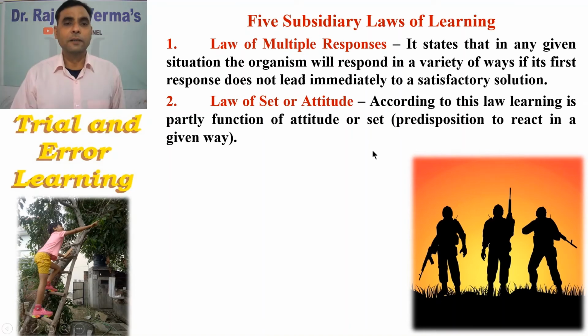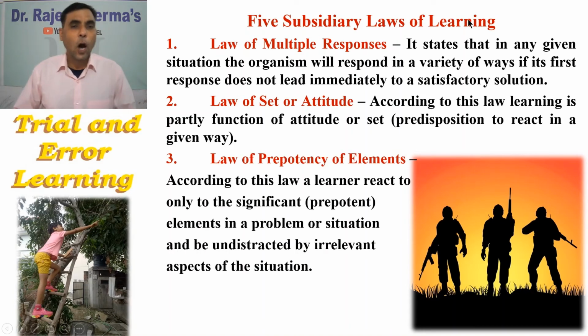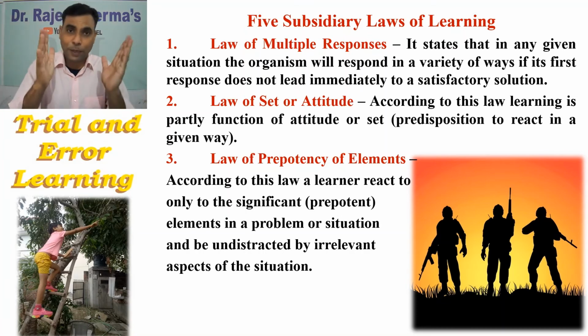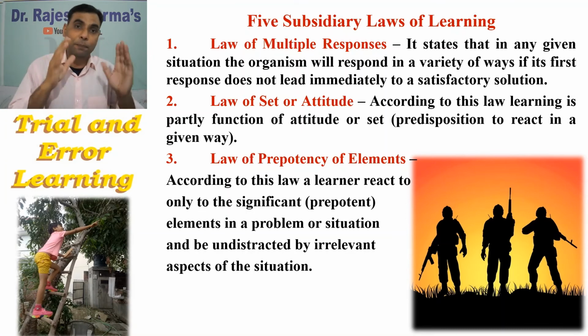And the third one is the law of prepotency of elements. What's that? According to this law, a learner reacts only to the significant elements in a problem or situation and is undistracted by the irrelevant aspects of the situation. I'll explain that. The cat was placed in the puzzle box.